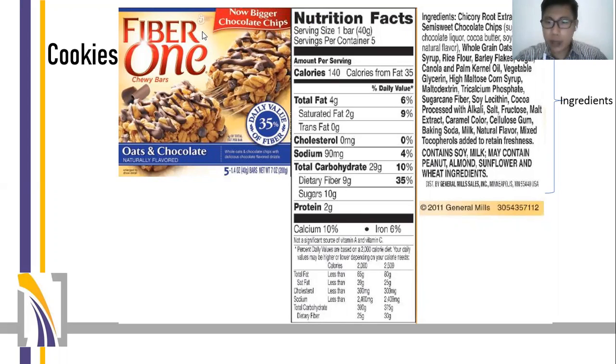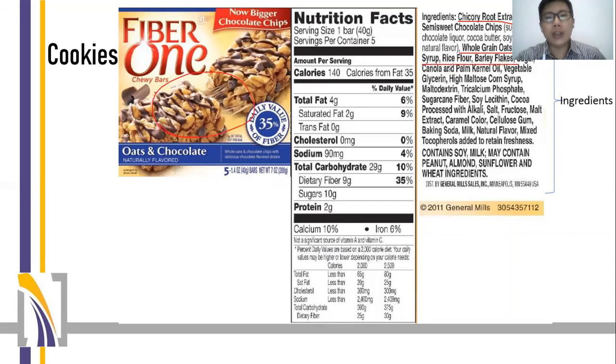In ingredients, the one that is mentioned first means it has the highest quantity inside this Fiber One oats and chocolate. So it contains a lot of chicory root extract, semi-sweet chocolate chips, and so on.